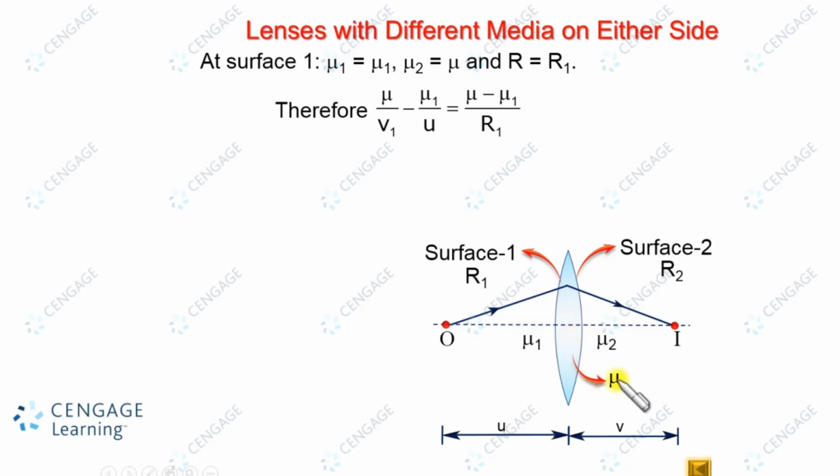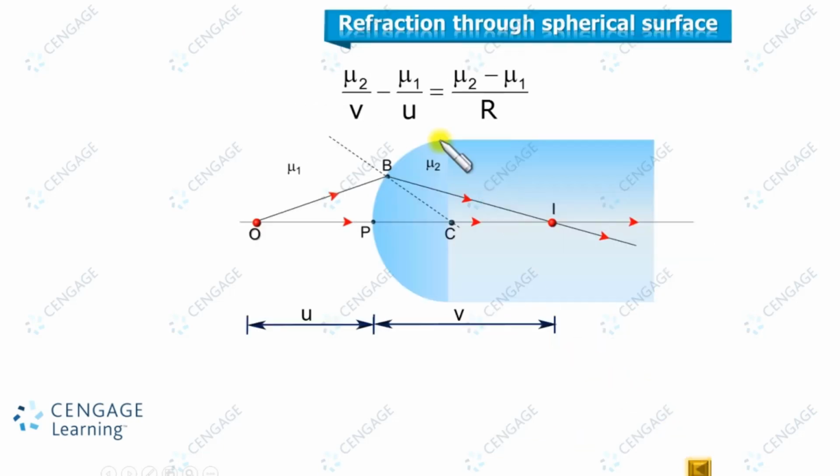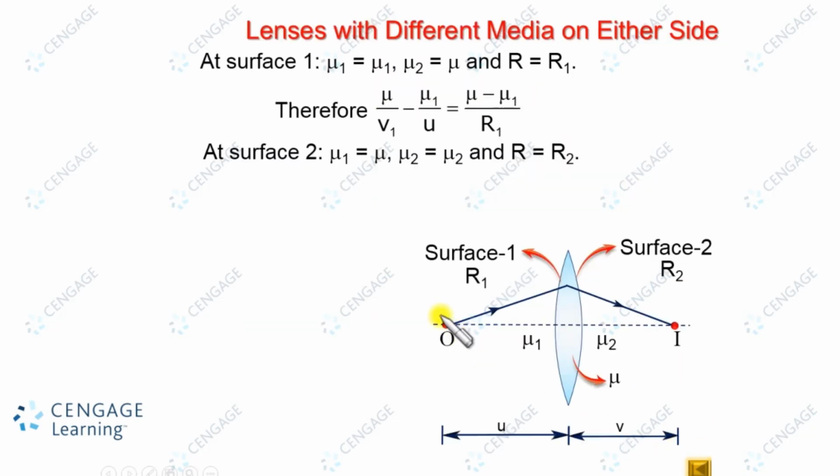Mu1 will be equal to mu because the ray before interacting with this curved surface is traveling in this medium. So mu1 equal to mu, mu2 equal to mu2, and the radius of curvature of this surface is R2. So let us apply the curved surface formula for surface number 2 and substitute the values in this formula. So this expression will become like this.